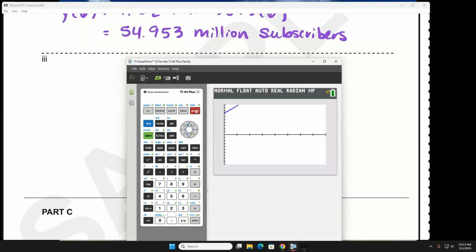Now, right now, I don't know what my window is. It's from something I did for another question. We just see a tiny, tiny portion of it. But I do know the smallest number of Netflix users was 7.3 million. And then we're going all the way to 70.83 million.